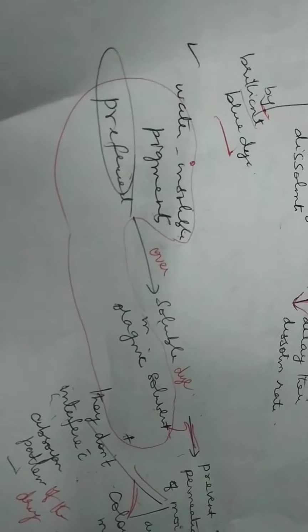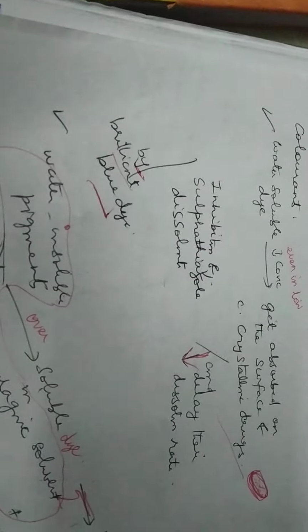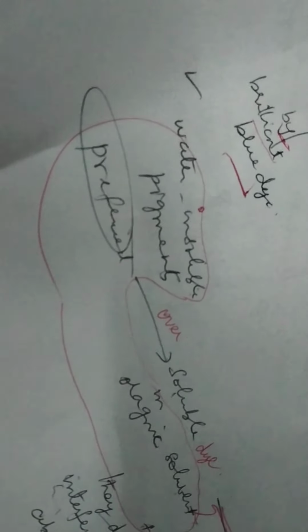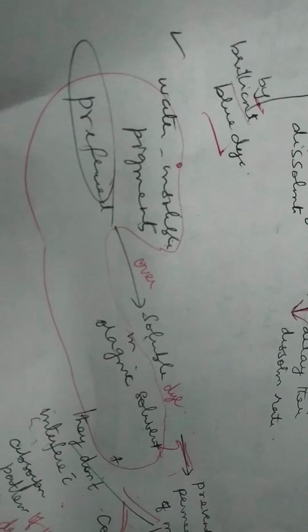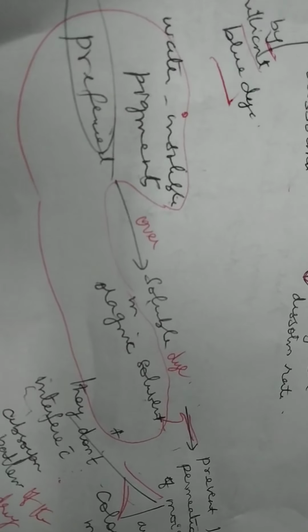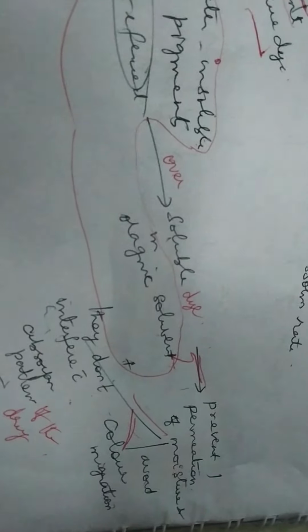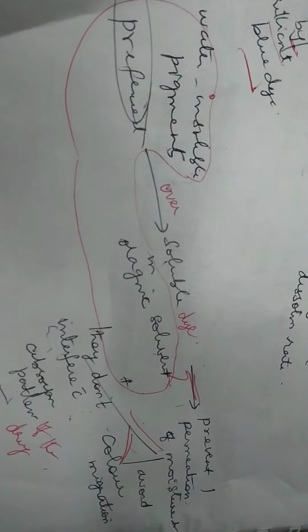Water soluble pigments are always preferred over the water soluble dye, which will prevent the permeation of moisture. It doesn't allow the moisture to get in, and also that will avoid the color migration. So they don't interfere with the drug absorption.